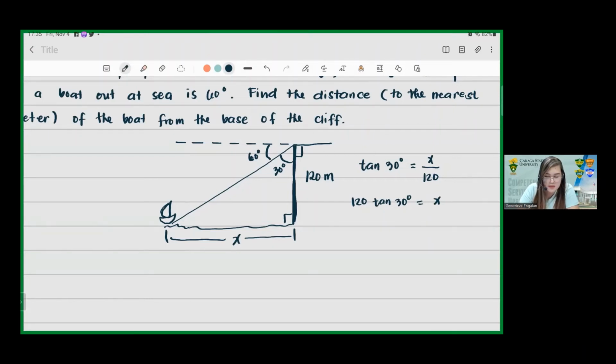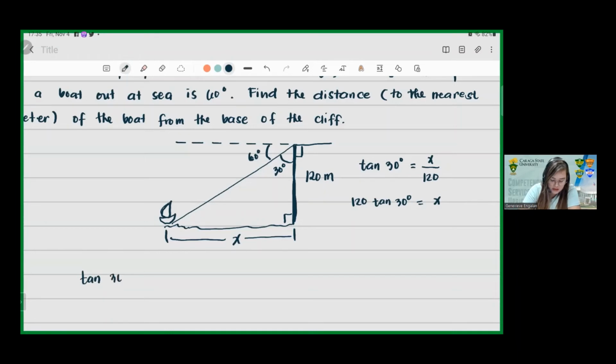Okay. So, pila man ang tangent 30? Sine over cosine. Sine sa 30 is 1/2. Ang cosine sa 30 is square root of 3 over 2. Nakadumdum mo?